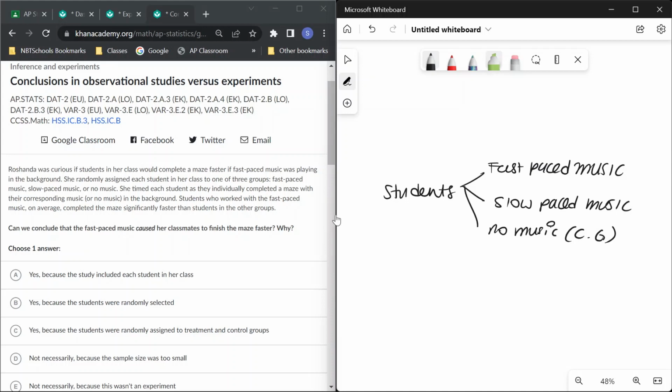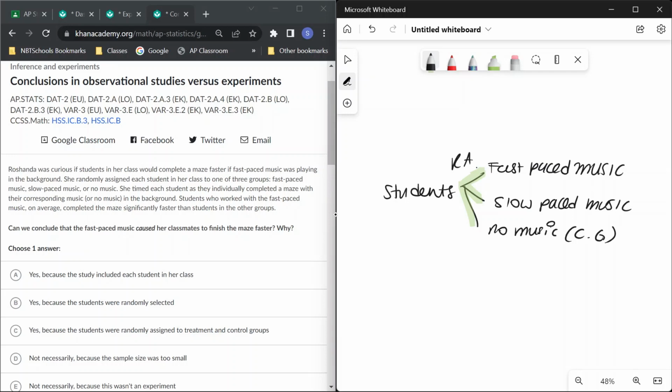Okay, and here is the random assignment. She timed each student as they individually completed a maze with their corresponding music in the background. Students who worked with fast-paced music on average completed the maze significantly faster than students in other groups.